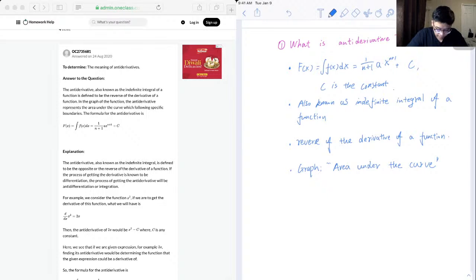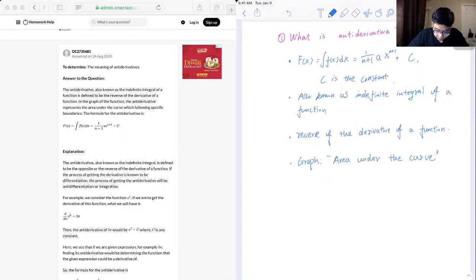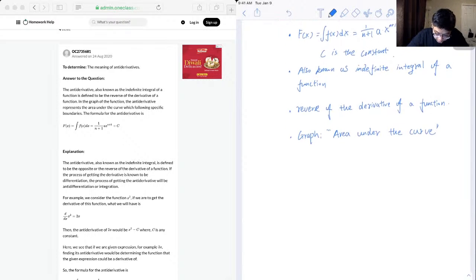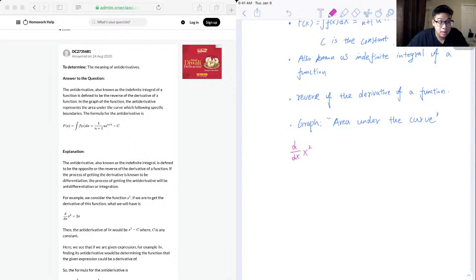So let's use an example to go a little bit deeper. Say we got the derivative of x squared. In this case, we move 2 to the front and subtract 1 from the exponent, so we have 2x.